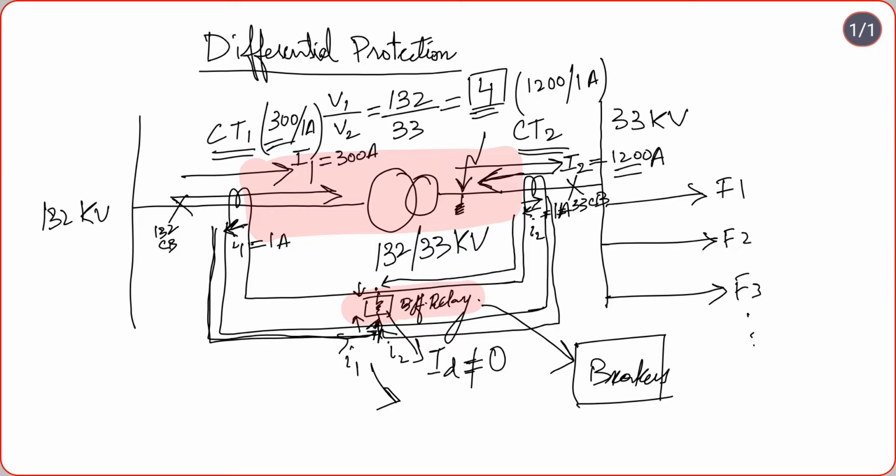Now, suppose there is a wrong connection done. I will explain it like this. We have our step down transformer as explained earlier. This is the 132 kV bus and this is the 33 kV bus.